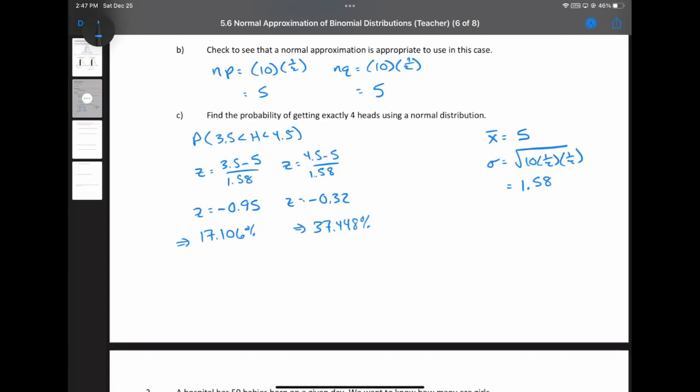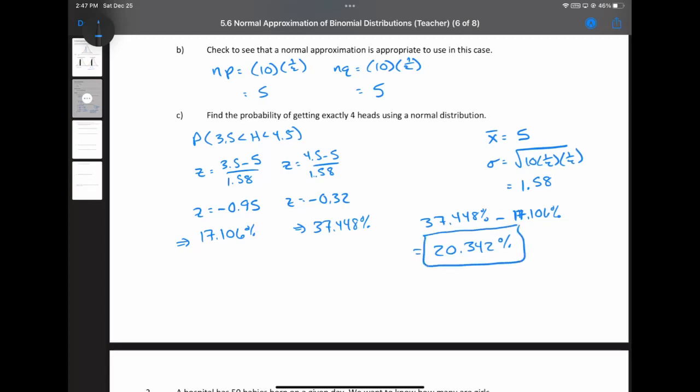And since we're doing percentage of data between 2 points, let's just do big percentage minus small percentage. And when we do that, what do we get? 37.448 minus 17.106 is 20.342%. Okay, so that's our normal approximation.